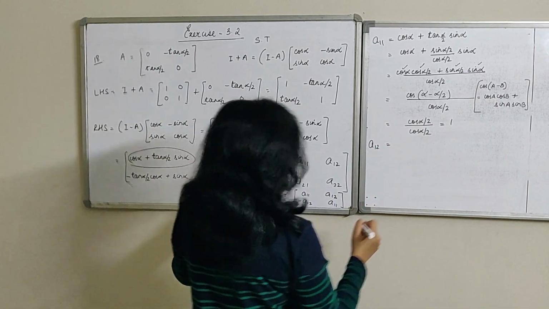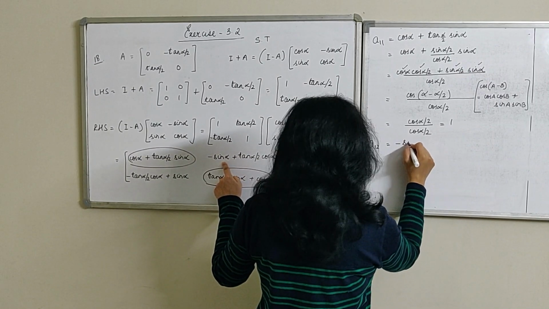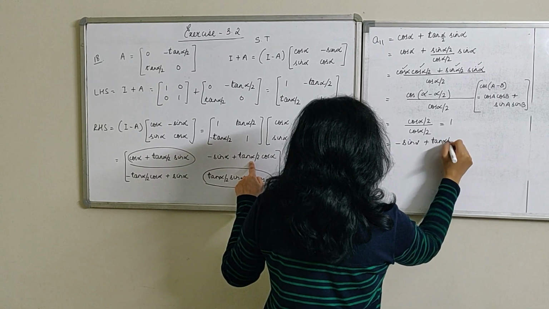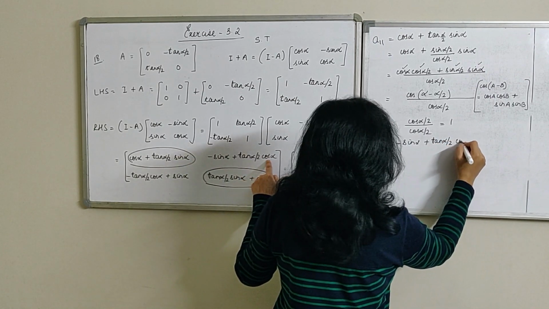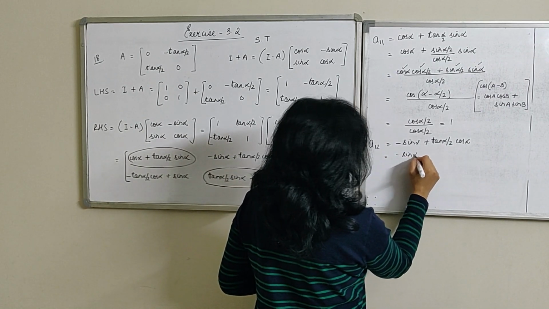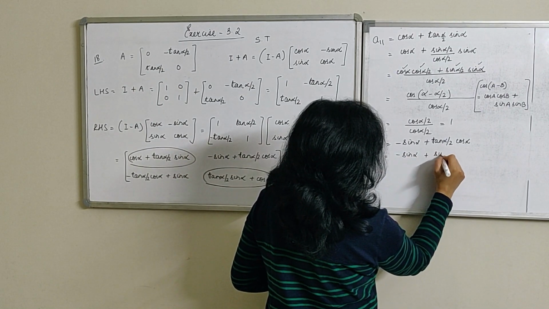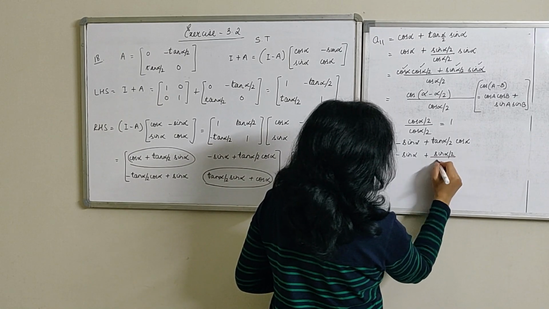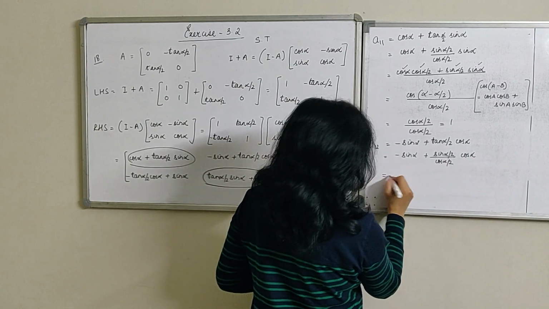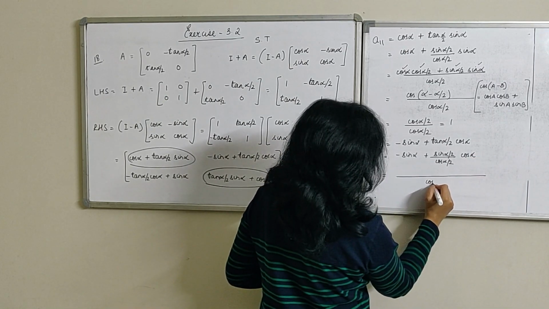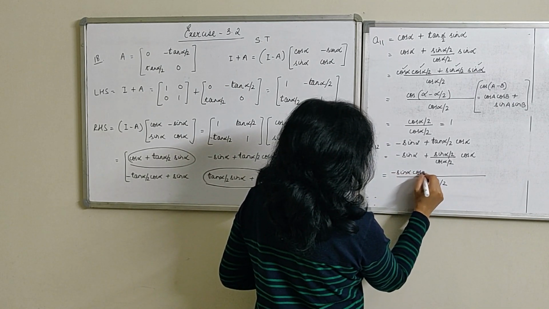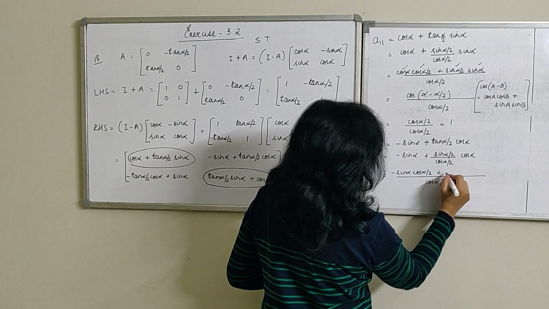The element A12 is minus sin alpha plus tan alpha by 2 cos alpha. Here again, writing tan alpha by 2 as sin alpha by 2 upon cos alpha by 2 into cos alpha, and taking LCM cos alpha by 2, we obtain this expression.